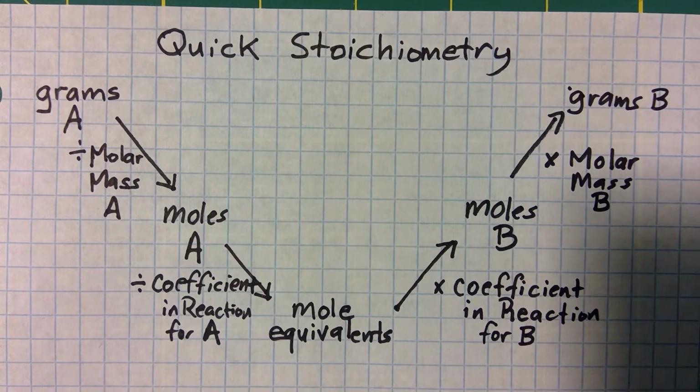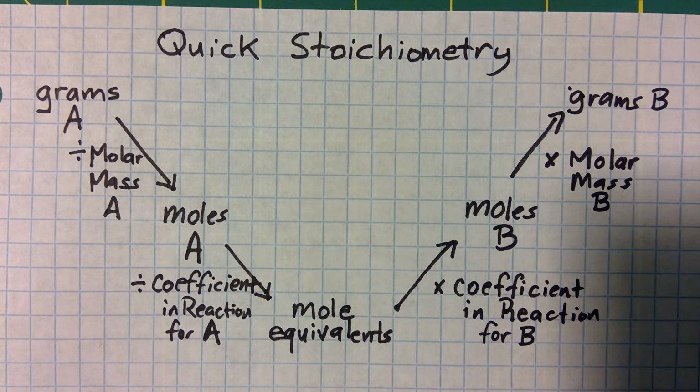Quick stoichiometry is going to basically do the same sort of process. Instead of doing anything on a per BLT basis, we're going to do it on the simplest basis possible, which is the mole equivalence, which is basically just trying to find something of which you can express everything else as some sort of multiple.